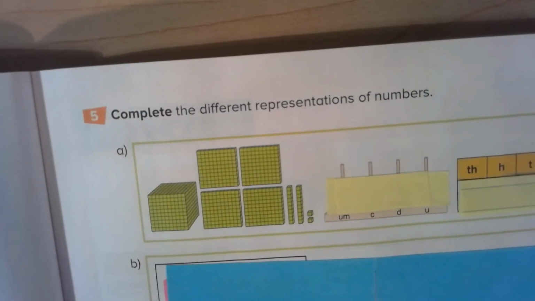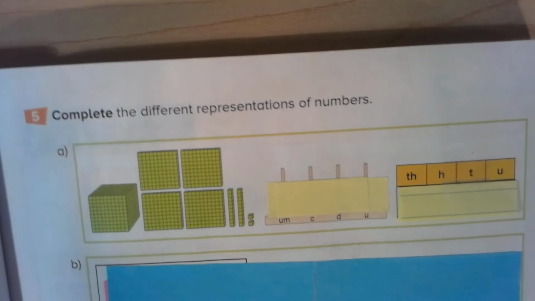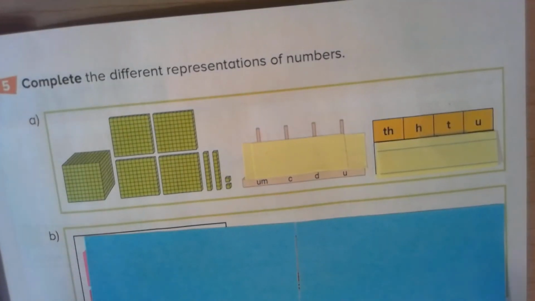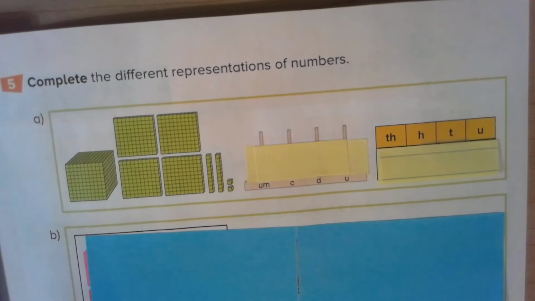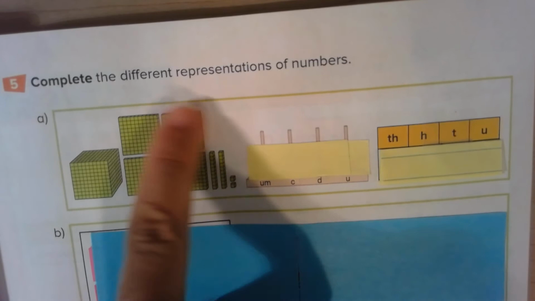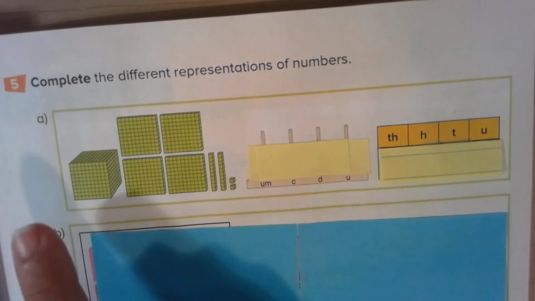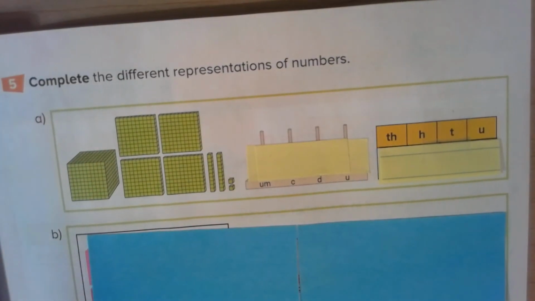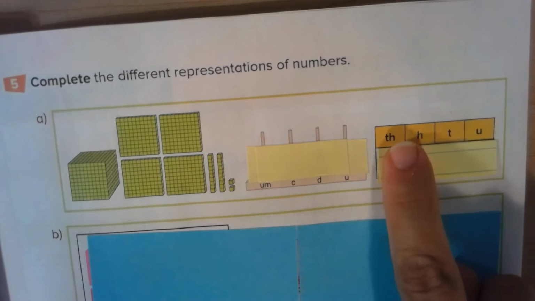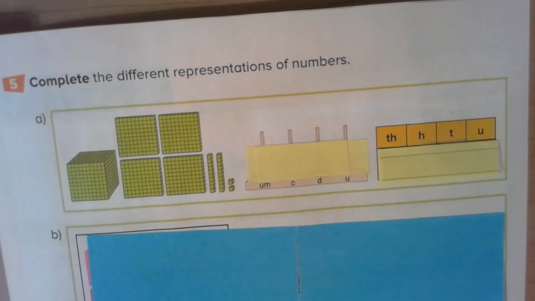Okay, so there is a couple more things that we haven't tried. Let's see if we can write all 3. I know you can do this. So we have our base 10 blocks. What is the number represented with the base 10 blocks? They want us to write the same number using the place values.